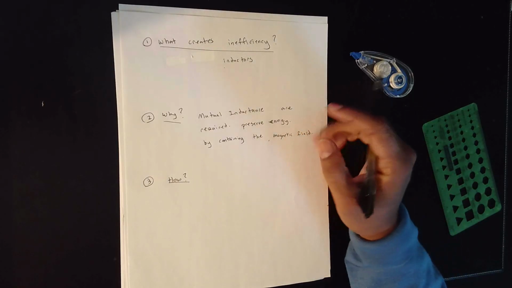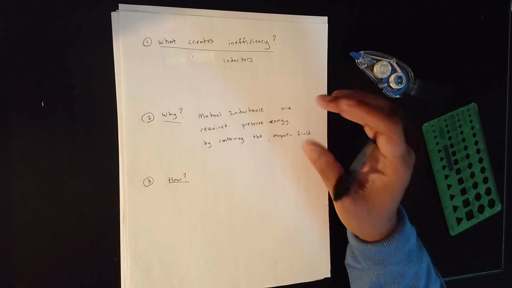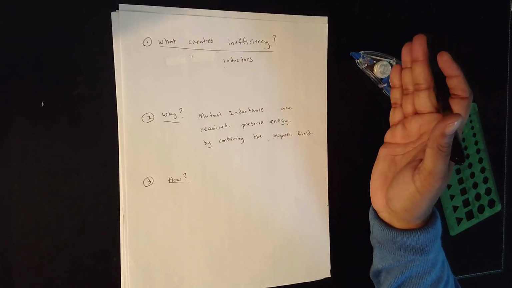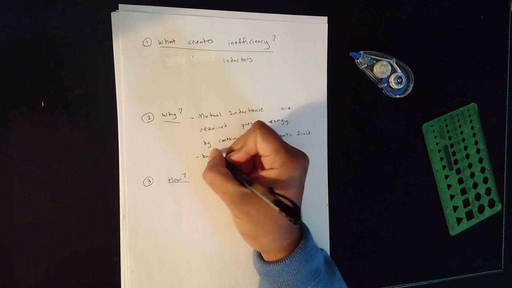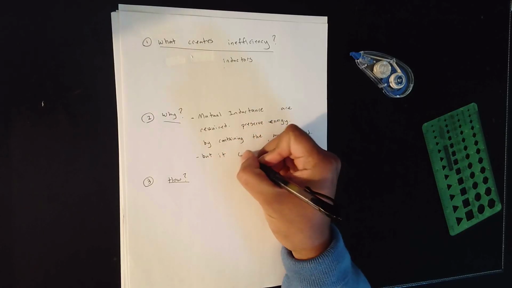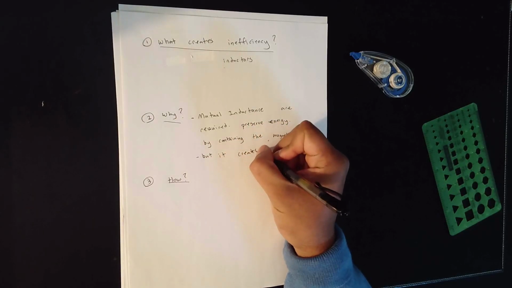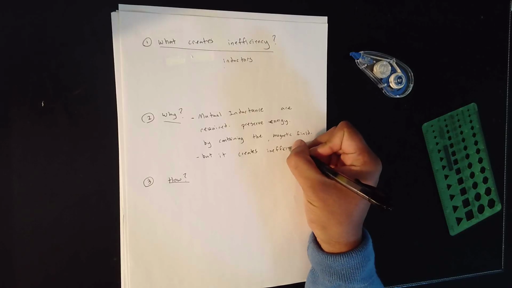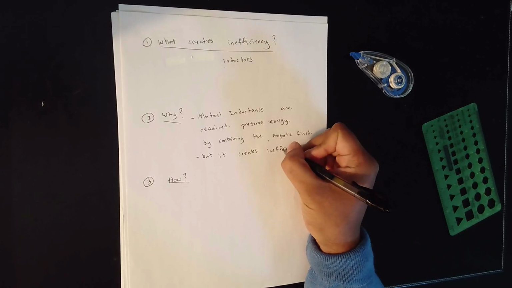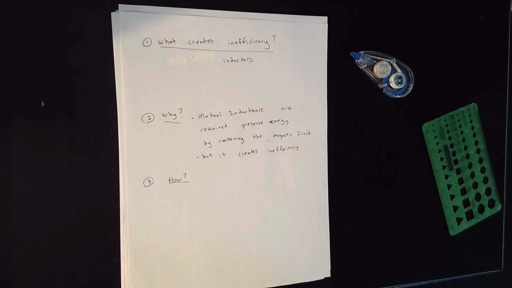However, it creates an inefficiency in the circuit. You don't lose energy, and that's the good part, but the bad part is it creates inefficiency. So there's really no going around the inductor. You have to use the inductor, but unfortunately it will create the inefficiency.